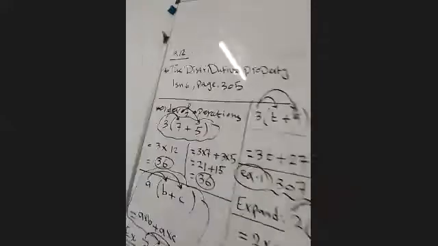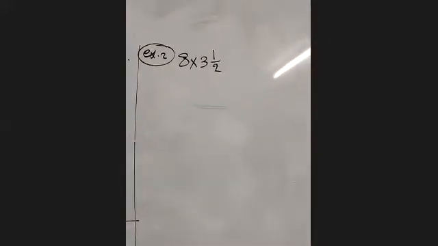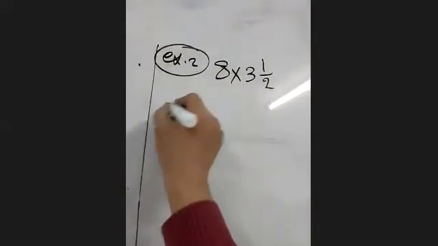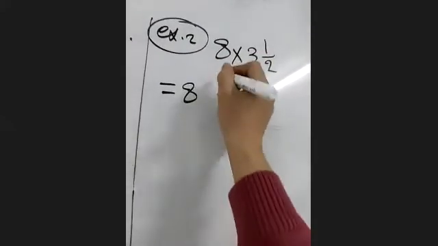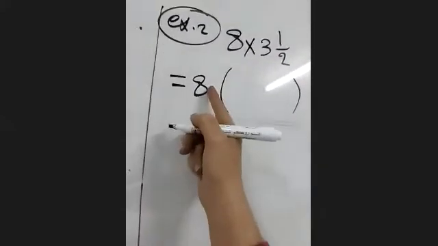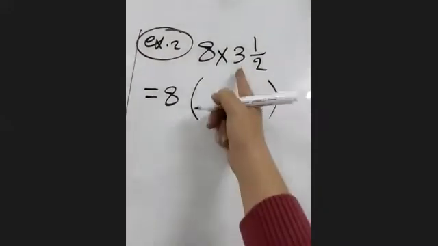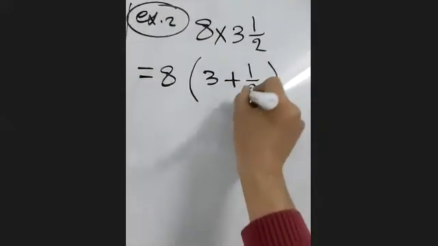By using the distributive property, which is the title of your lesson. Let's use it here. Be careful. 8 multiply 3 and a half, I will write it as 3 plus half, like this.